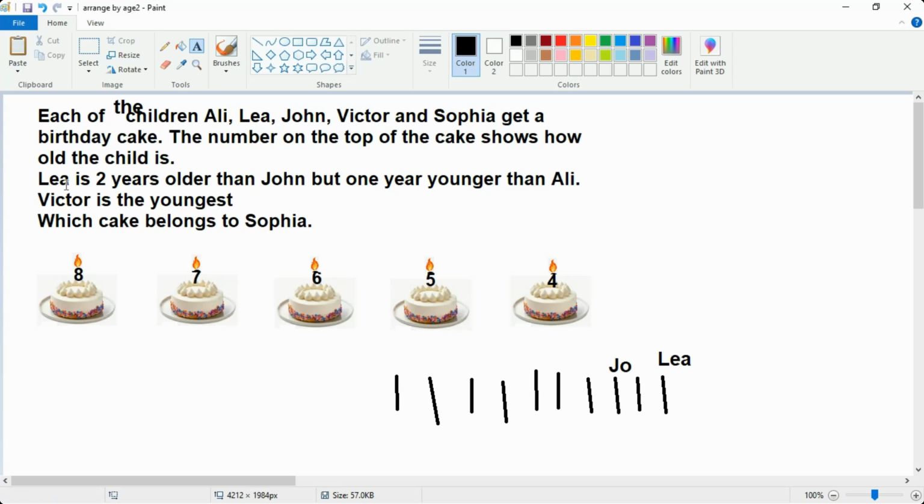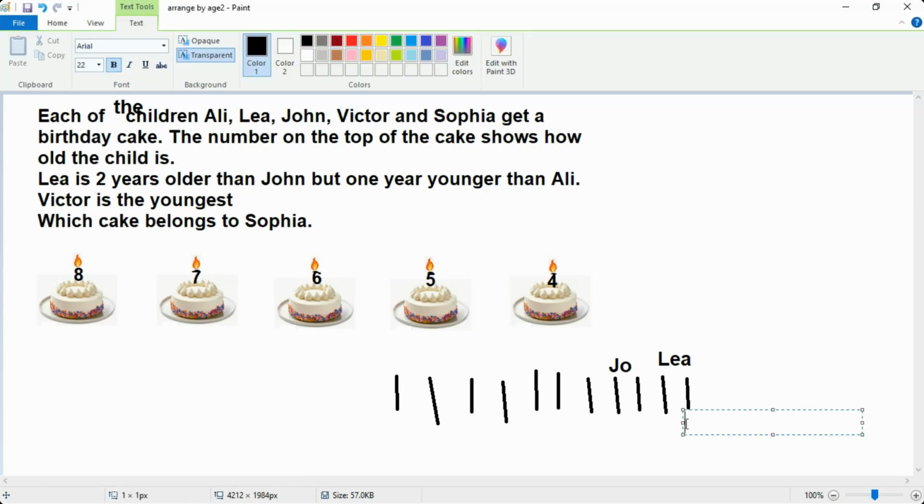Now we have the second part of the problem. Leah is 2 years older than John, but 1 year younger than Ali. So Leah is 1 year younger than Ali. So where do we have to put the next line? Ali will be coming on the right side because Ali is older.